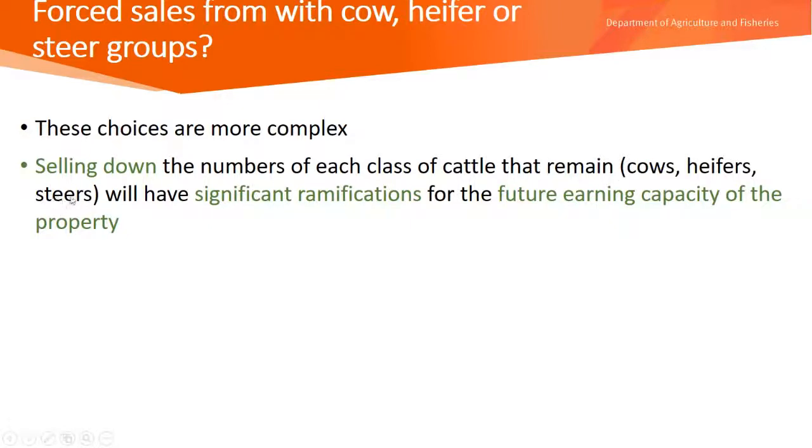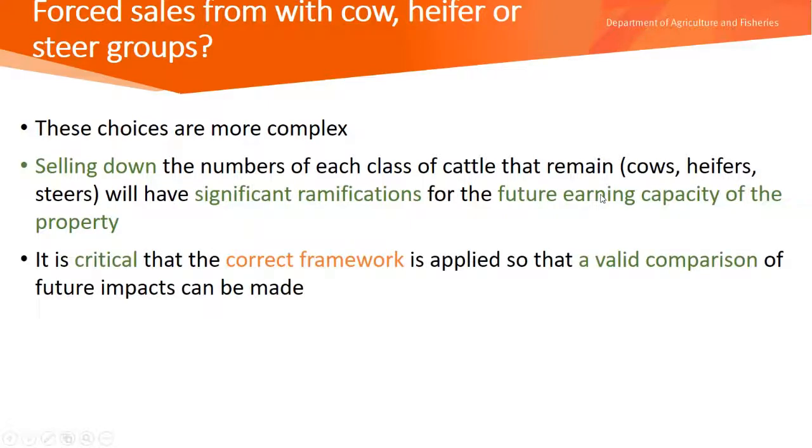Now this is the younger age group of steers, because the older age group of steers have already gone to the stylo. Selling down each of those classes of cattle will have a significant impact on future earning capacity of the property. So when we're looking at these choices, it's critical that the correct framework is applied so that the comparison is valid.